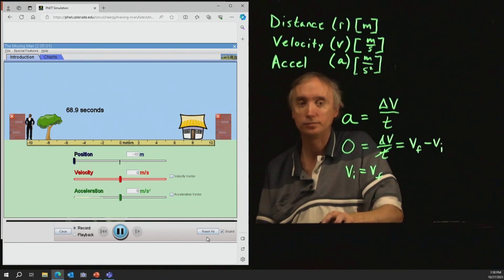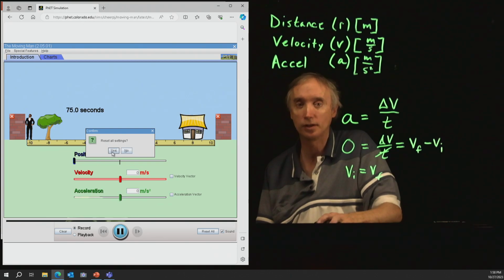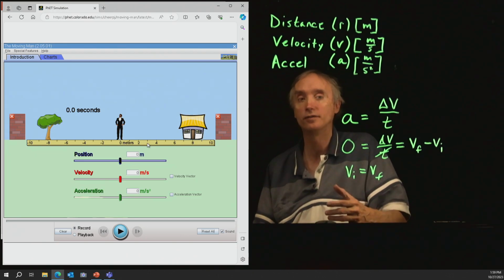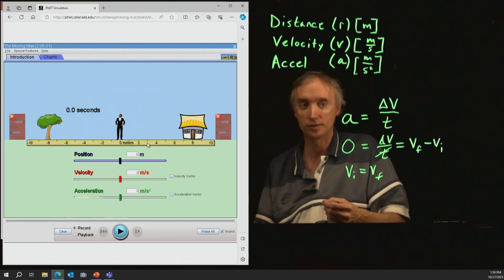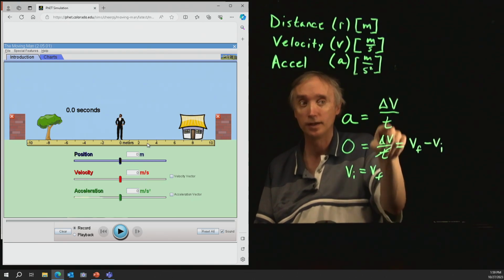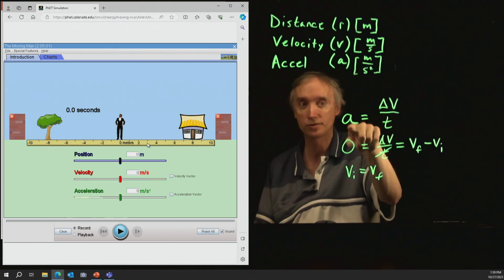Okay, so I hope that you enjoyed that. Now we can go even further with this particular simulation, because you notice it gives you a stopwatch. It tells you the distance that you're traveling. So we could use this in order to verify some of the formulas that we had. That velocity was distance divided by time, and that acceleration was a change in your speed.